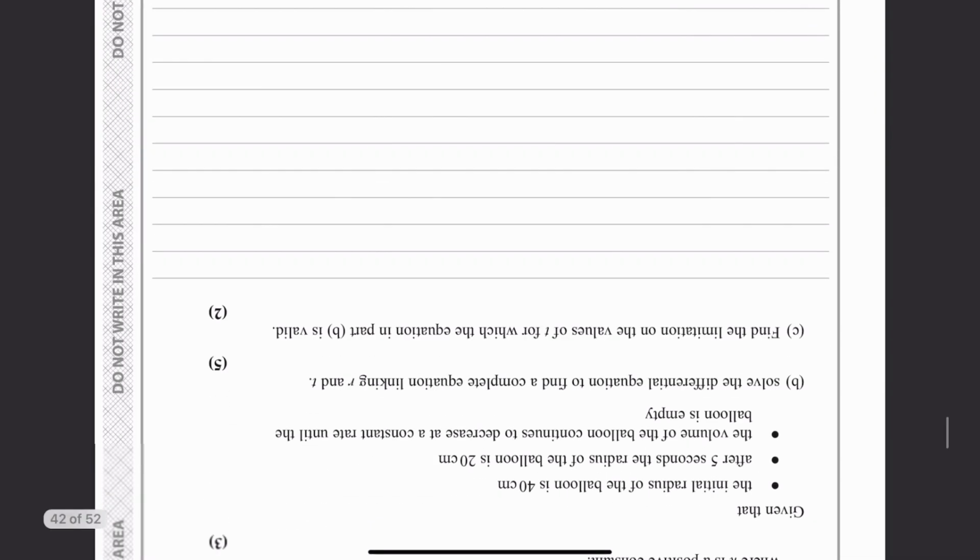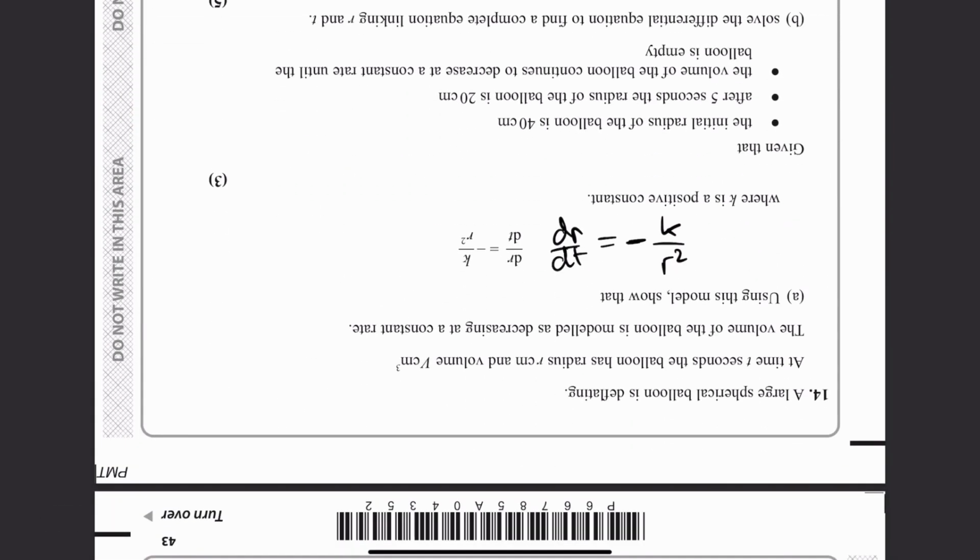So that's what it's saying, and it wants me to show dr over dt is equal to negative k over r squared. Not too sure why. Let's see.